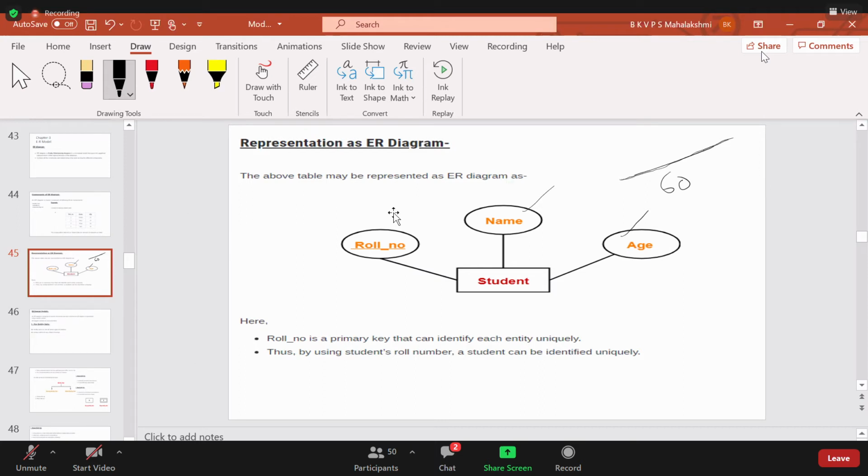Suppose I call somebody from your section and ask them to give the information for a particular student. That person will first ask, ma'am, you want specific student details? Who is that person? Then he will ask, ma'am, at least tell me the roll number.